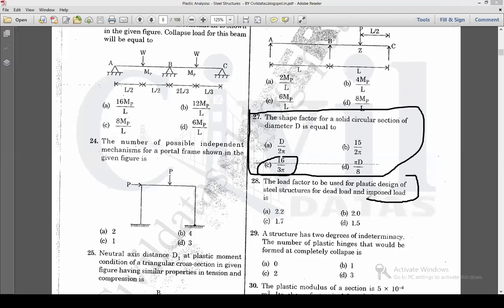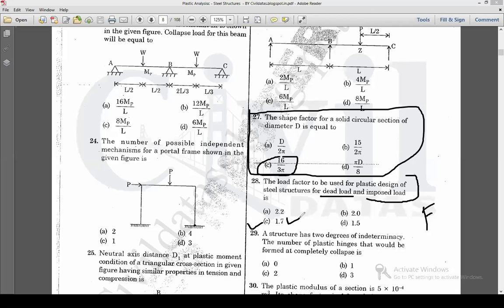dead load and live load is F, as I told on the white screen also. Please reply. 1.5. It is as per the dead load and live load, it is 1.7 as per the code.